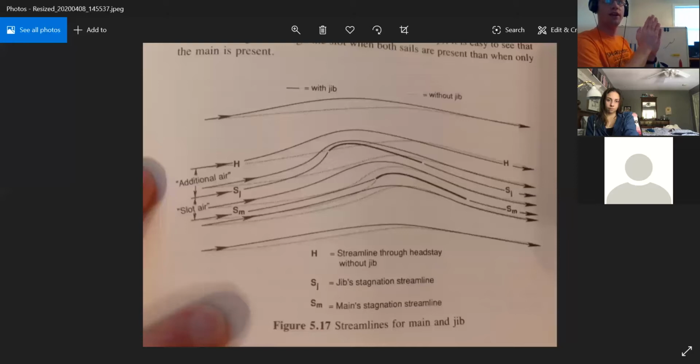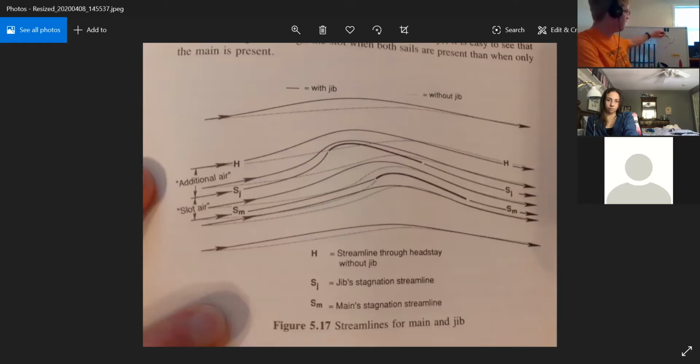You get further away, the air is able to go a little faster, a little faster, until it gets to its full speed. We've got that boundary layer of not full speed. It doesn't like to slow down suddenly. So if we have air going over the sail too fast, it's more likely to stall by getting ripped off the sail when we're trying to slow it down.